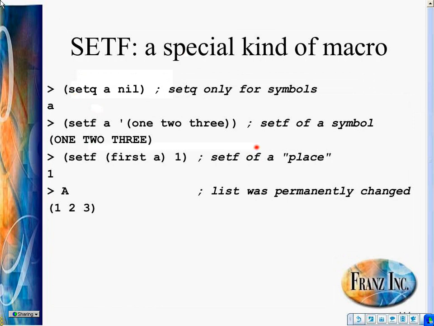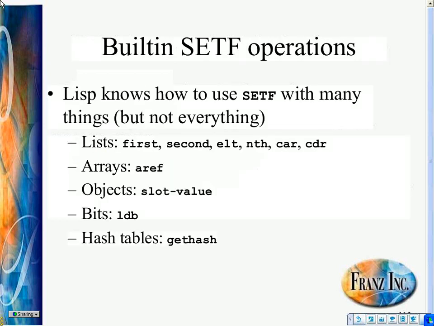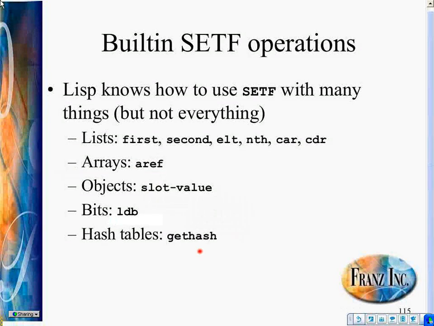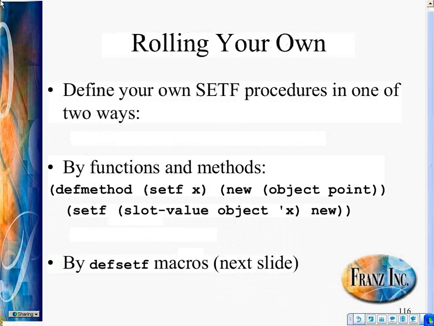Just some more discussion of setf. Remember, it works on a place, so if you have something that accesses, say, the first element of the list, you can apply setf to it and modify the first element of the list. A whole bunch of things are predefined with setf: first, second, all the list accessor functions, the array accessor functions, many of the sequence accessor functions, slot-value, et cetera, et cetera. And you can define setf methods.